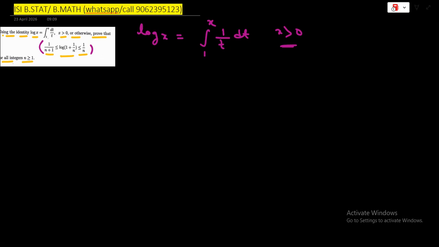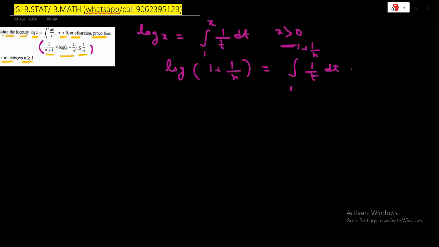We are told log x is this, so for our case, log of 1 plus 1 by n will be equal to integration 1 to 1 plus 1 by n of 1 by t dt. And that is the key transformation.